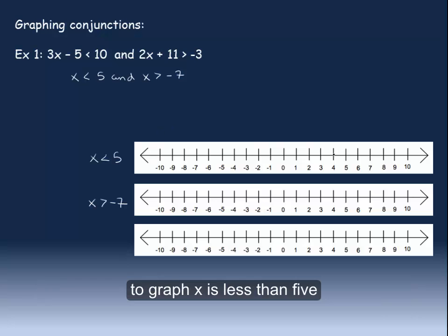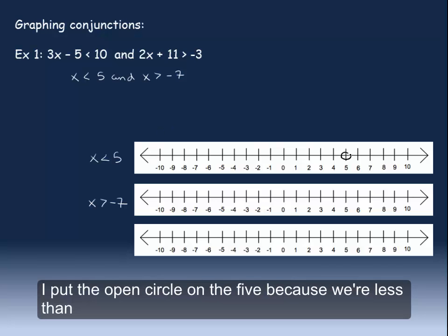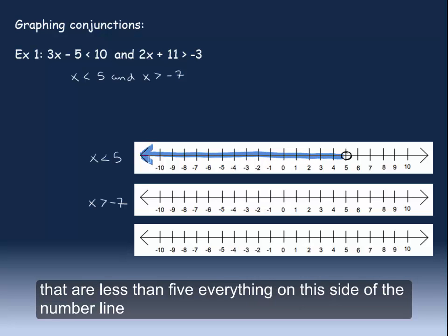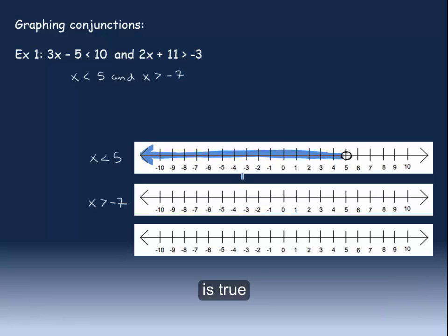To graph x is less than 5, I put the open circle on the 5 because we're less than. And then I graph, or shade rather, all of the numbers that are less than 5. Everything on this side of the number line is true.